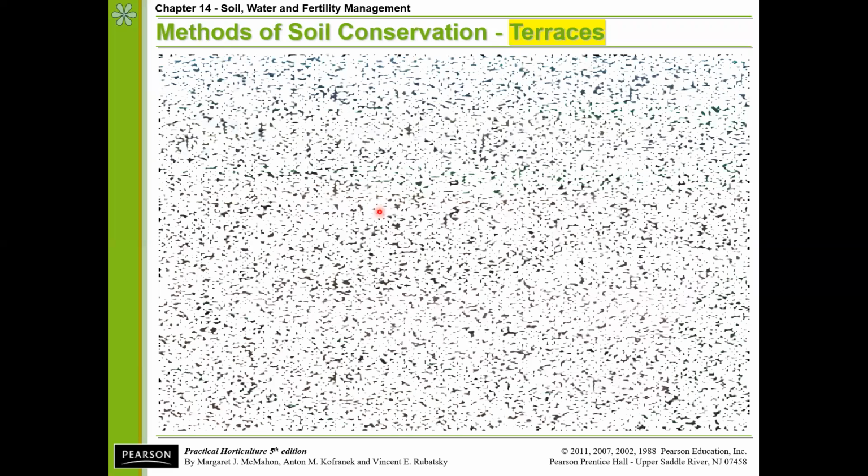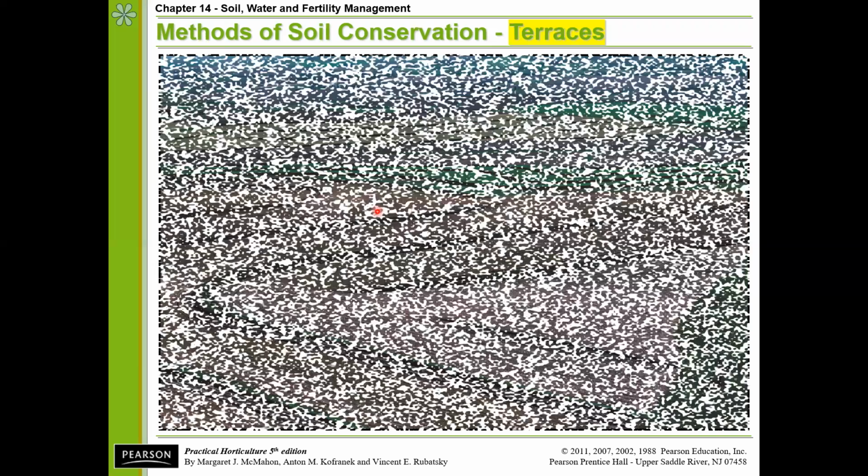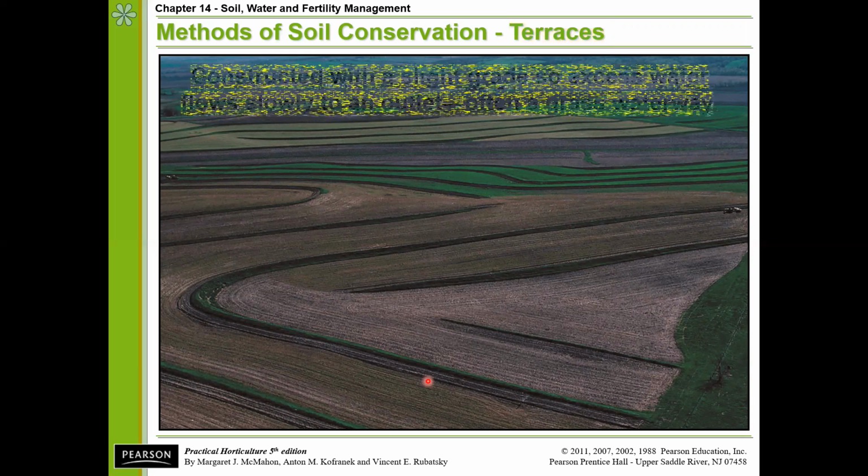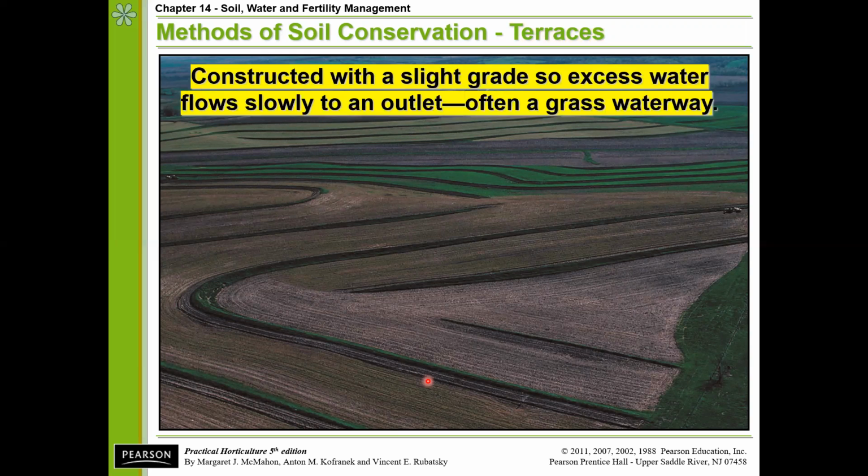So in this way, we're building some kind of berm, and alternating that with a basin so that, again, the water is spreading over an area and percolating rather than running off. These do have to be constructed with a slight grade so that excess water will flow slowly and form some sort of outlet. And in this picture, you can see that that is a grass waterway.